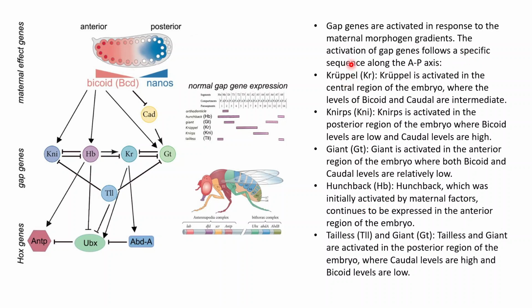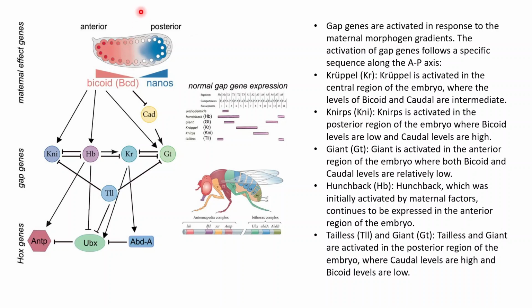Here I have mentioned different gap genes. Cripple is activated in the central region of the embryo, where levels of bicoid and caudal are intermediate. So here if you see high caudal level, like when caudal level starts going up, we can see the expression of giant. But caudal will be inhibited wherever there is high bicoid. So that is why in the anterior region we have less caudal, so we do not have much of giant.